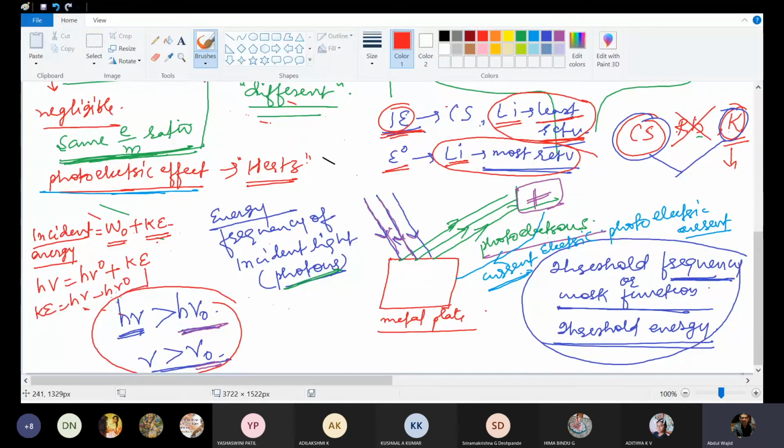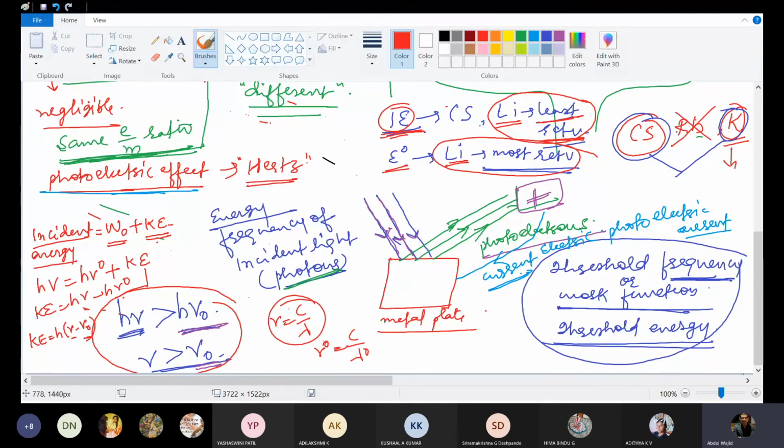Numericals will be based on this. H nu minus h nu naught. Take out h because it is common, so h times (nu minus nu naught). Or instead of writing nu, because nu is equal to c upon lambda, nu naught will be equal to c upon lambda naught. So instead of writing nu and nu naught, we write c upon lambda.